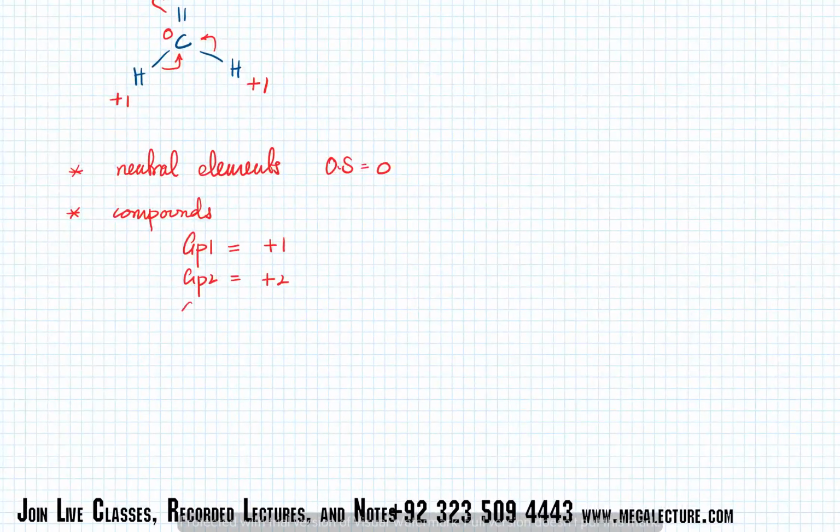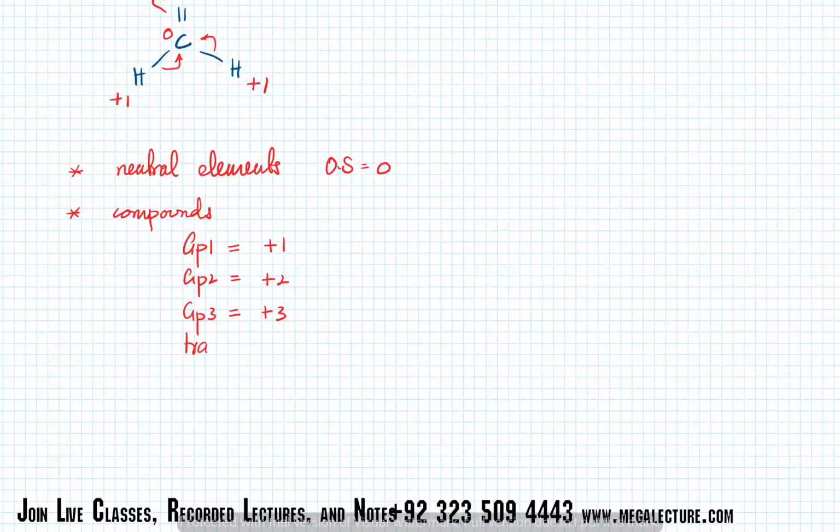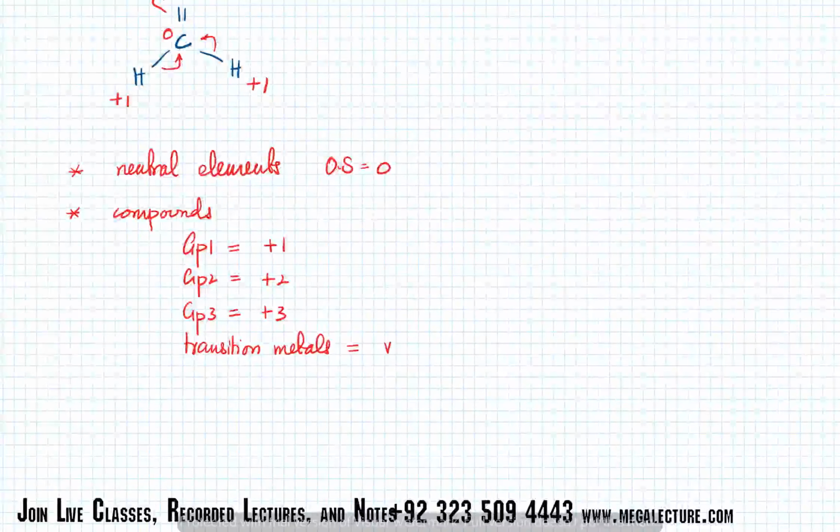Group 2 is +2. Group 3 is +3. Transition metals have variable oxidation states.